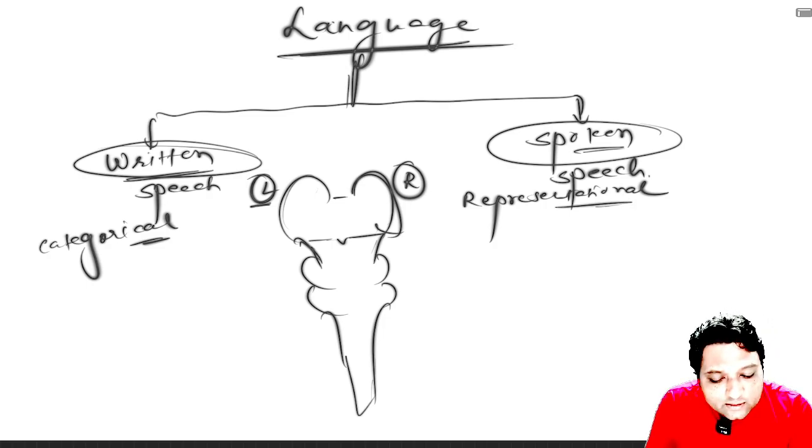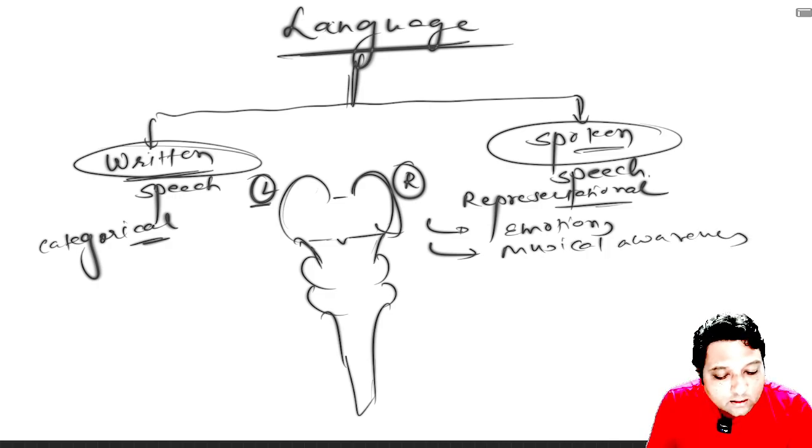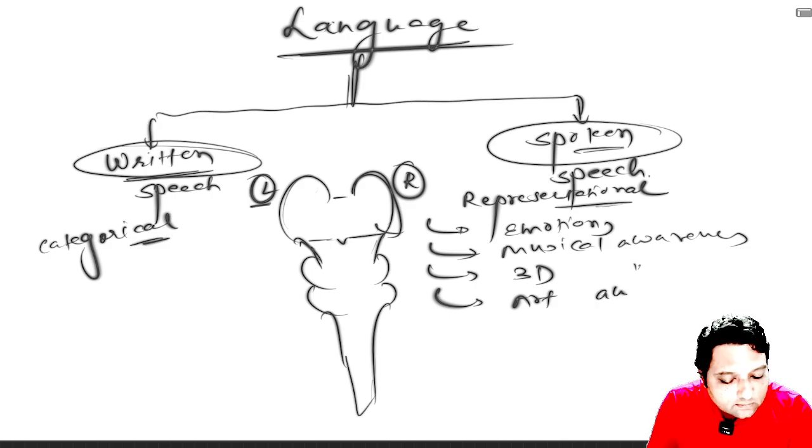The right hemisphere is concerned with your emotions, musical awareness, three-dimensional awareness, art awareness, and drawing.